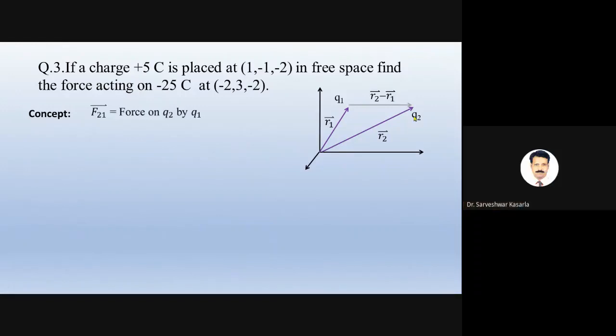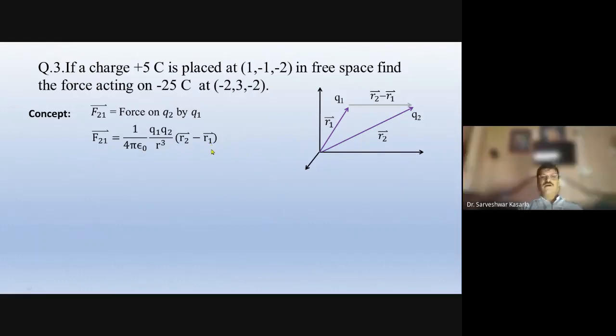So the force acting on q2 by q1 is equal to 1 upon 4 pi epsilon 0 q1 q2 upon r cubed into the vector r2 minus r1. This is the formula. Now this formula is derived by considering that q1 and q2 both have positive charges.